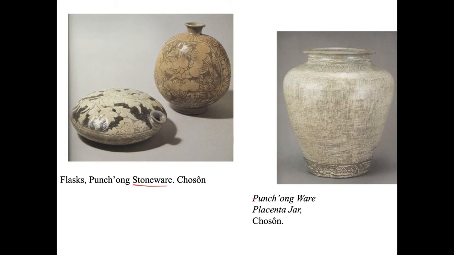It should be pronounced more like a B, like buncheong ware. The foundation of the ceramic is this gray color, but then they put white powder over the formed pot, and then they scratch out the shape, right? And then they carve out the white pigments over here.